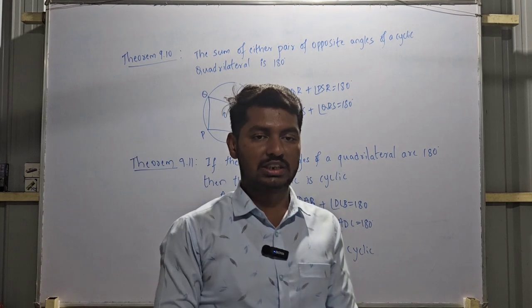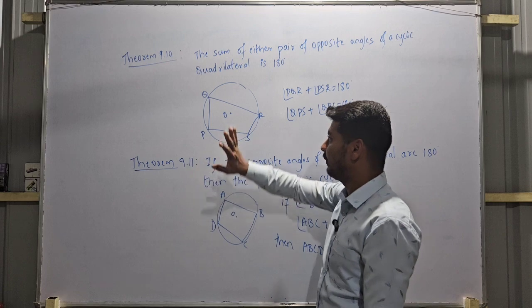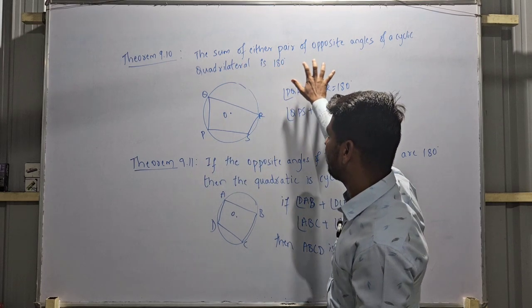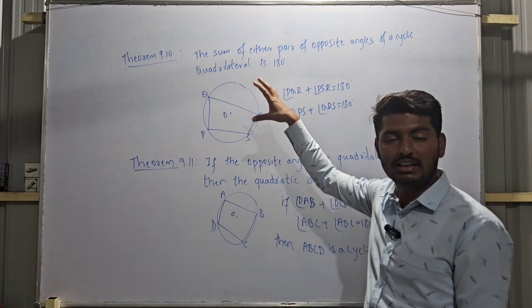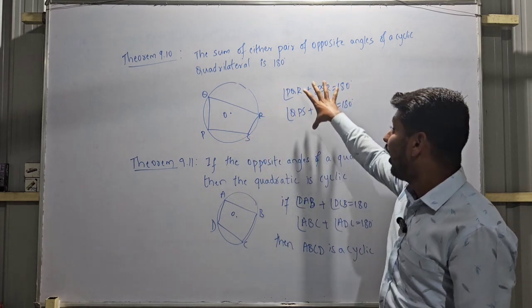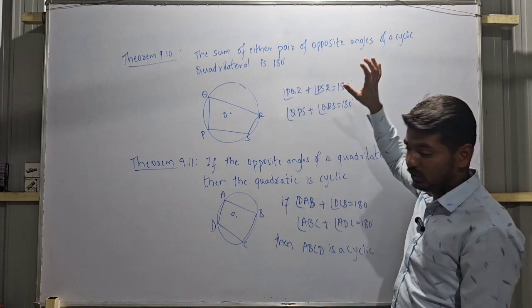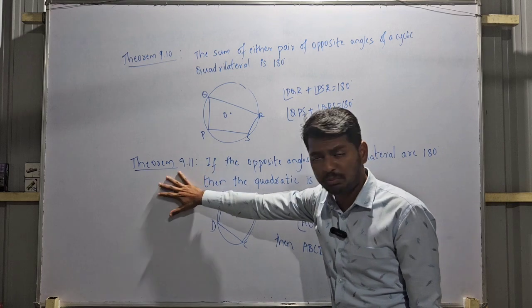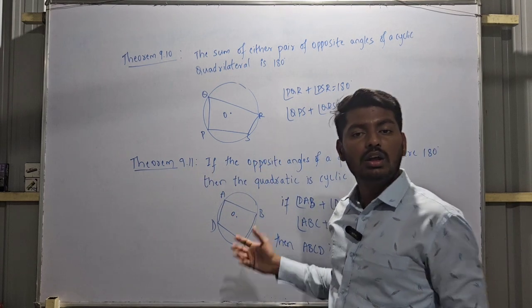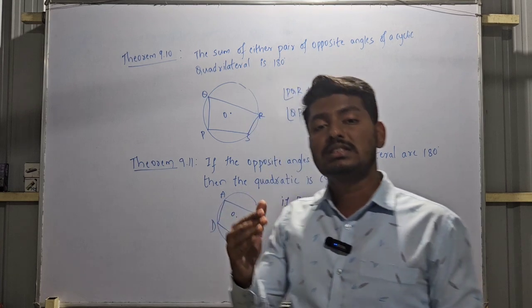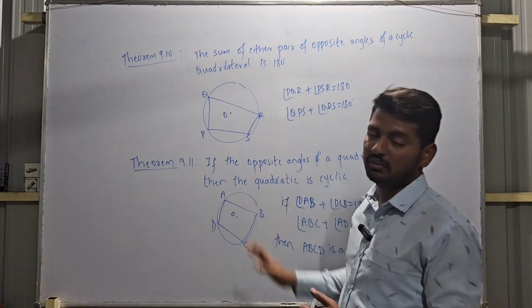This is the statement of 9.11. Theorem 9.10 says that if the quadrilateral is cyclic, then the opposite angles are supplementary, that is 180. Theorem 9.11 tells that if the opposite angles are supplementary, then the quadrilateral is cyclic.